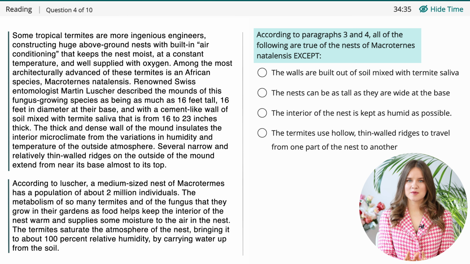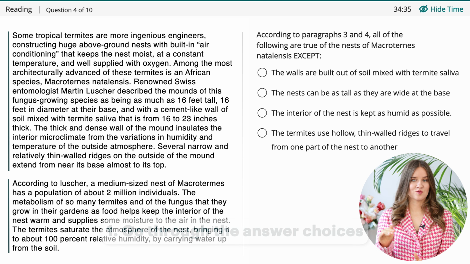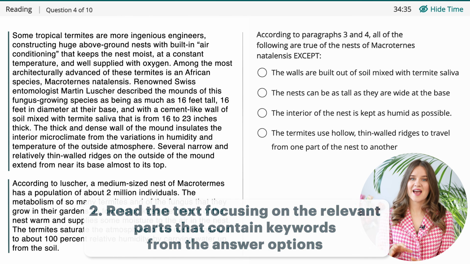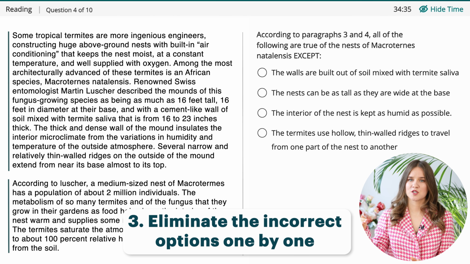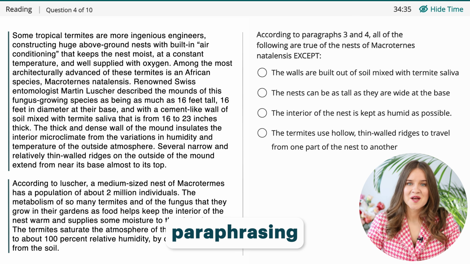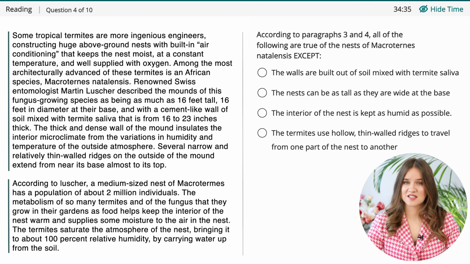It's basically the opposite of the regular factual information question. So your strategy should be: go through the answer choices first. Read the text, focusing on the relevant parts that contain keywords from the answer options, and eliminate the incorrect options one by one. Pay close attention to paraphrasing. Many correct answer choices are stated in different words than in the text.